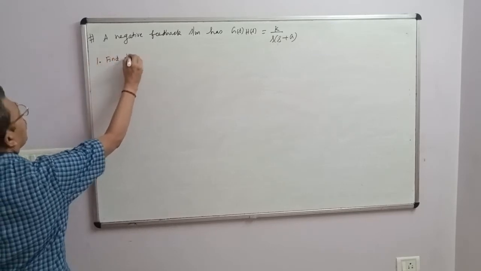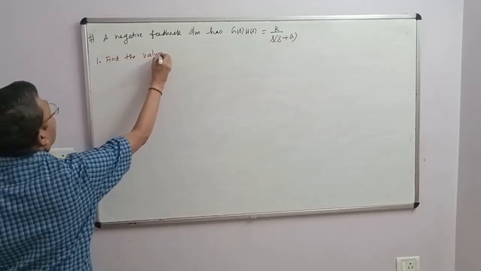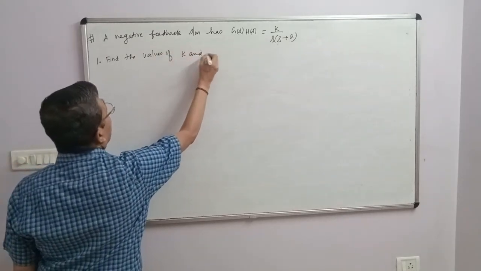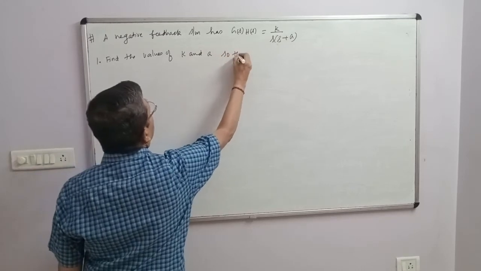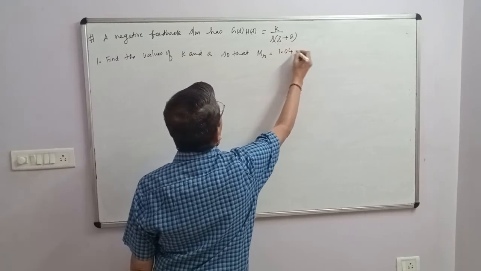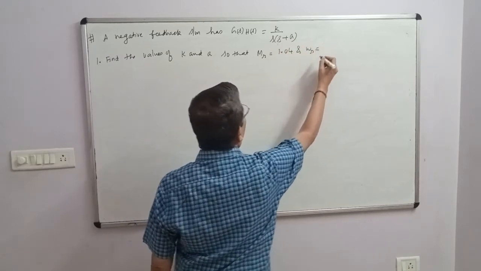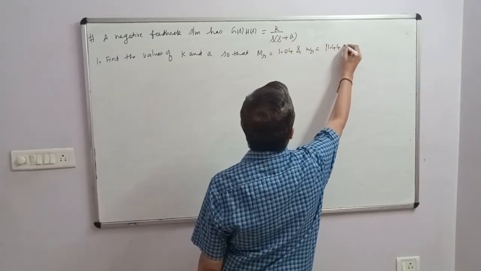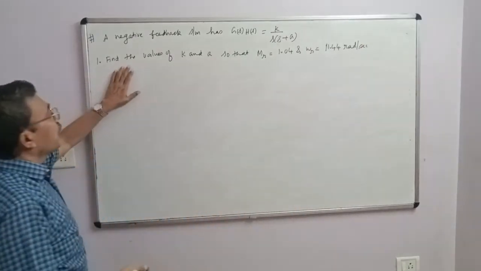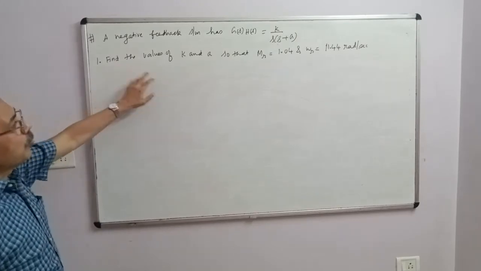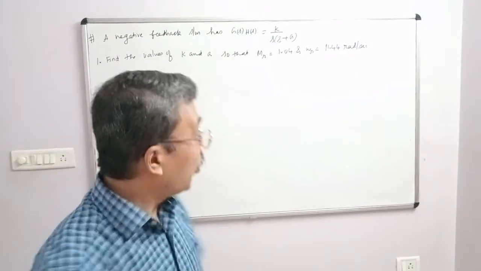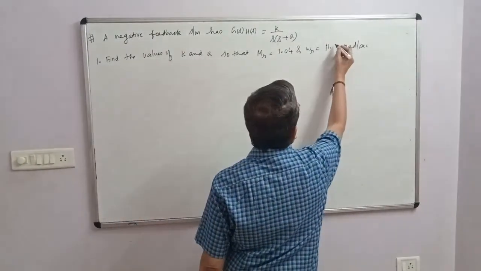Find the values of K and A so that MR is equal to 1.04 and omega r is equal to 11.55 radians per second.